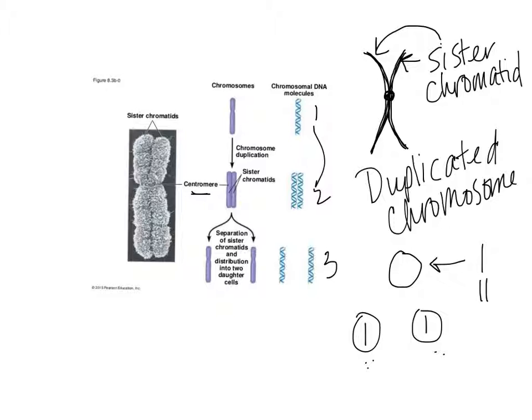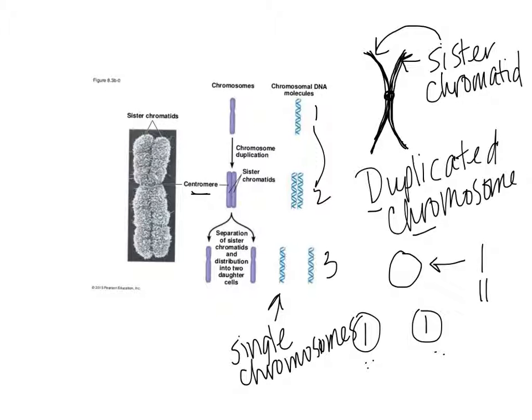So the tricky part here is that when the two sister chromatids are together, they make up one single chromosome, a duplicated chromosome. But when they separate, just like we see here, they are called single chromosomes. I know that gets tricky.